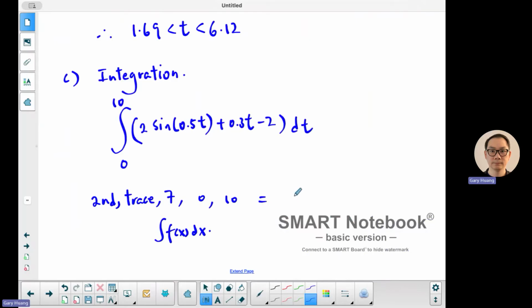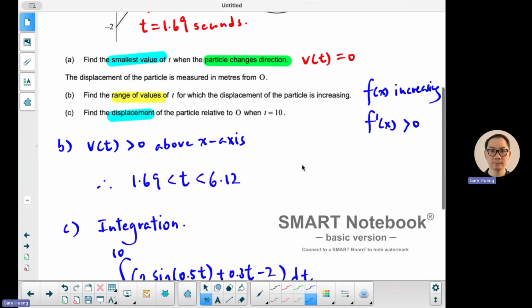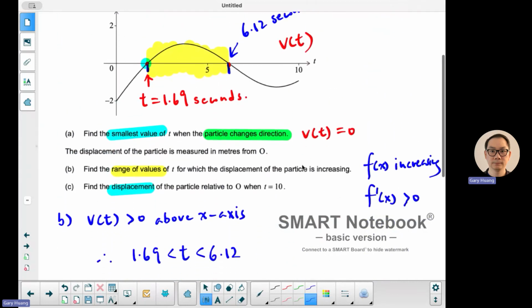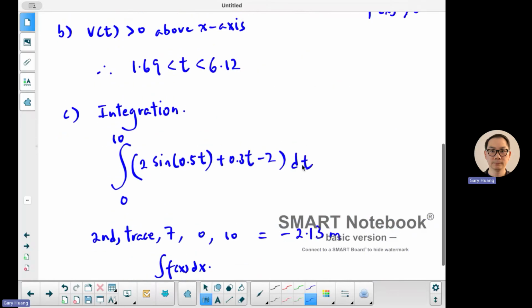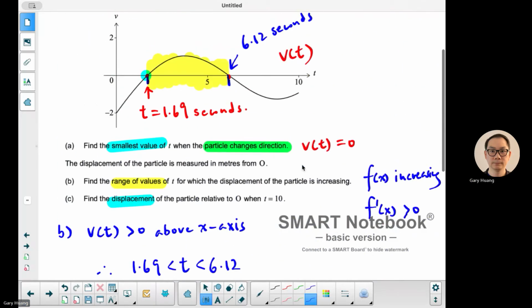And I'm getting a negative value, right? Some people say, do I change it to positive? No, because this is the displacement. It's not distance traveled. If it's distance traveled, it's always going to be positive. But when we're looking at displacement, it can be positive or negative. So if you look at it, at t equals to 10, you're definitely going to be at a negative value.